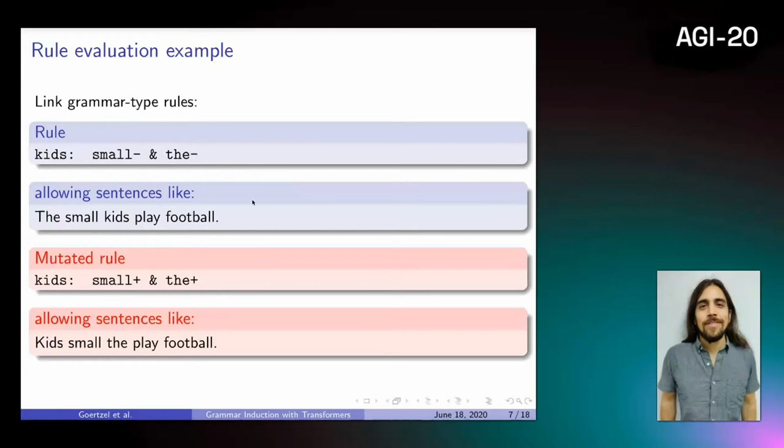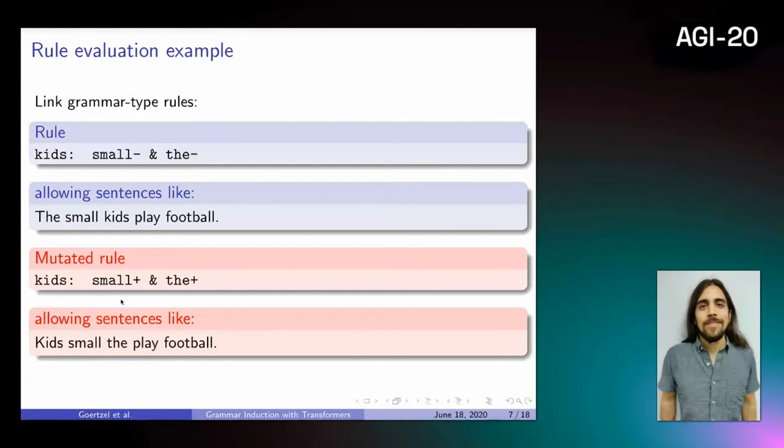But if the quality of this sentence is way better than this one, which in this specific case it would be, this sentence would have a high score assigned by BERT, which is what we're using in this project, compared to this other sentence. We can distinguish it as being better English. So we can say that this rule is worth including in our grammar because it creates way better sentences than the opposite rule.